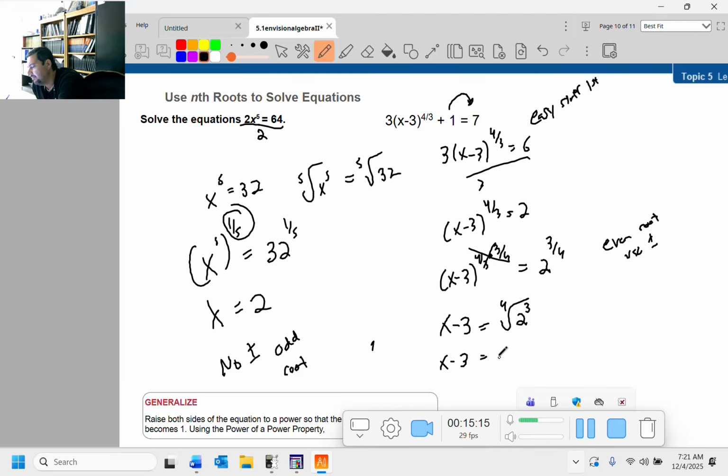Now, 2 cubed is 8. It's not a pretty number, so I'm not going to bother with the decimal. All I have to do is add 3 and I'm done. X is 3 plus the fourth root of 8, or 3 minus the fourth root of 8.